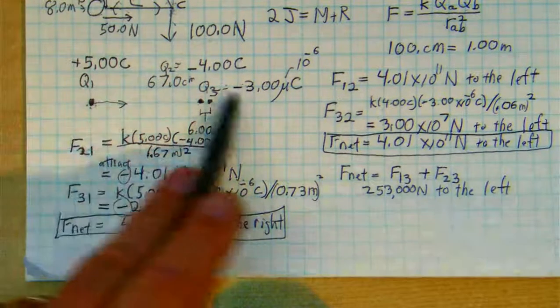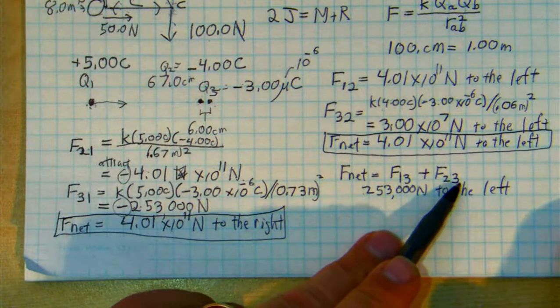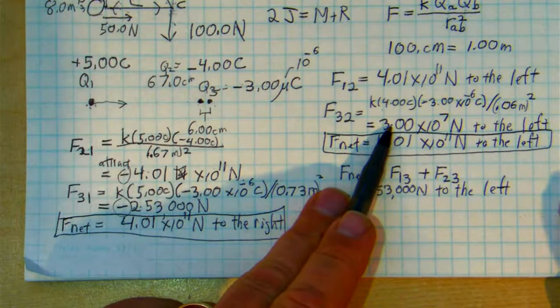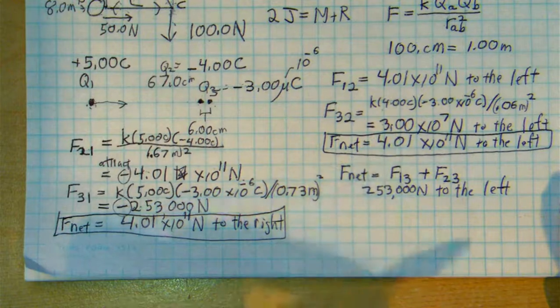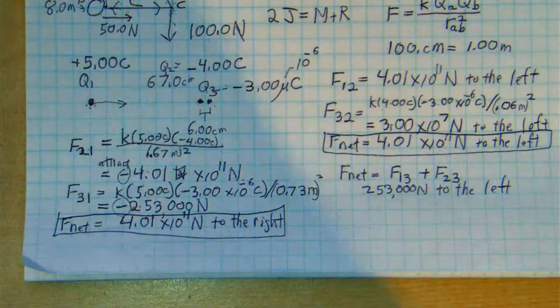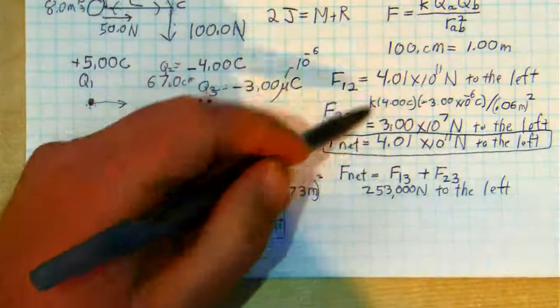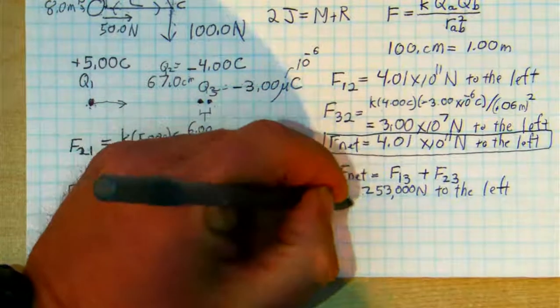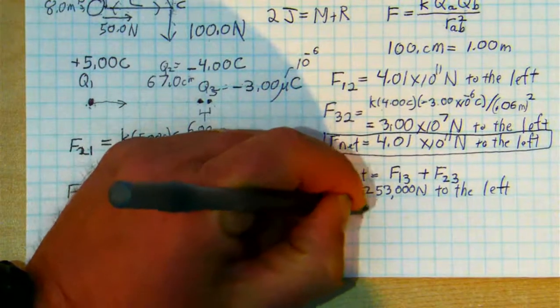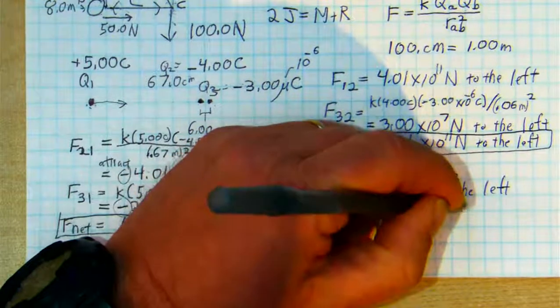They're opposite in sign. We've already calculated the force of charge 2 on charge 3. That is 3 times 10 to the 6th power newtons to the left. Yeah, okay. So this is 3,000,000 newtons to the left.